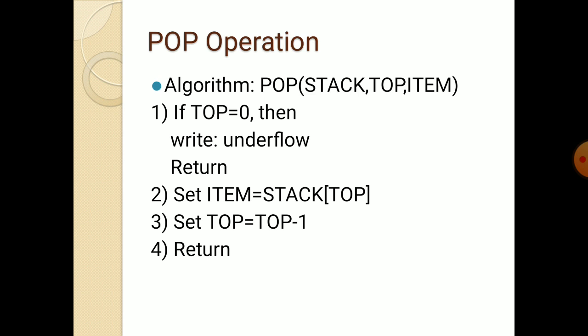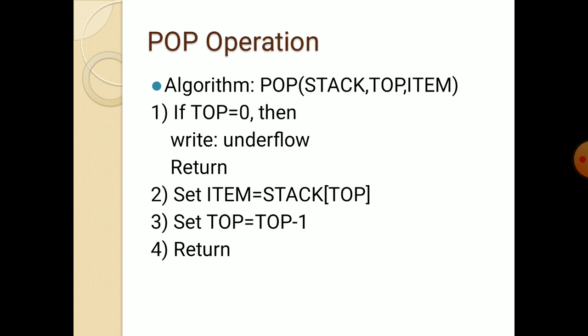Pop operation, that is the algorithm for the pop operation. Algorithm pop of stack, top, item. Here in step 1 we are checking if top equal to 0, that is, we are checking whether top is pointing to the lower bound, whether there is an element in the stack or not.